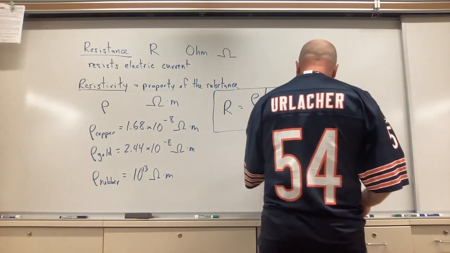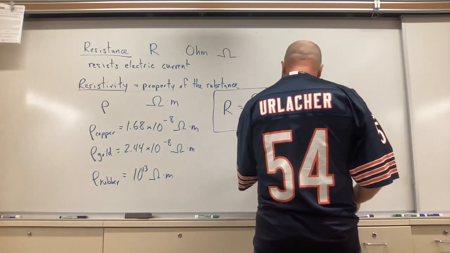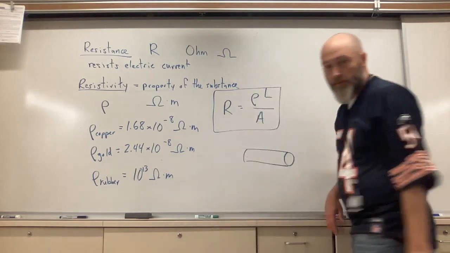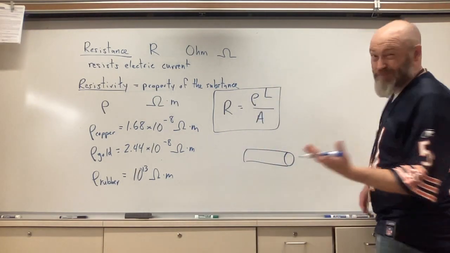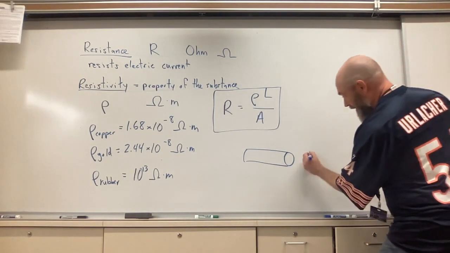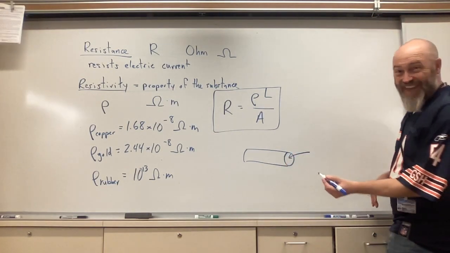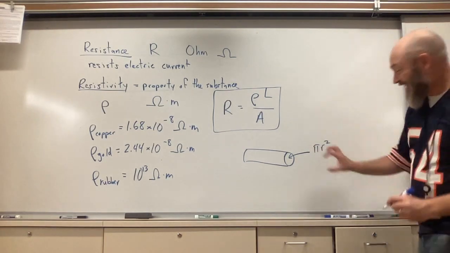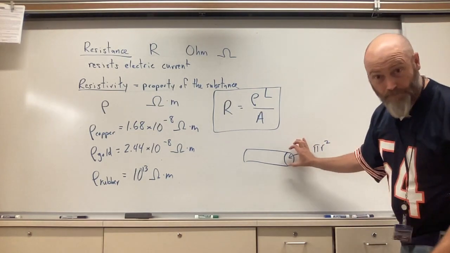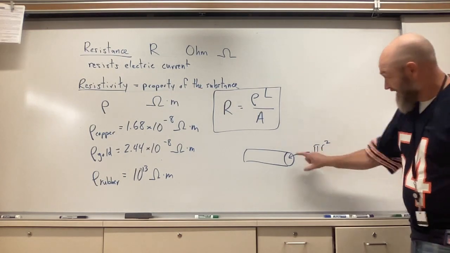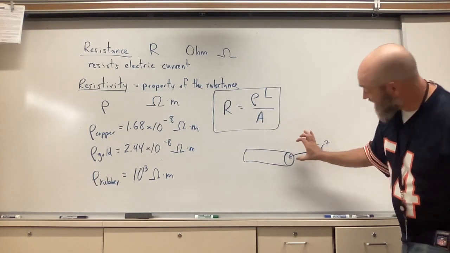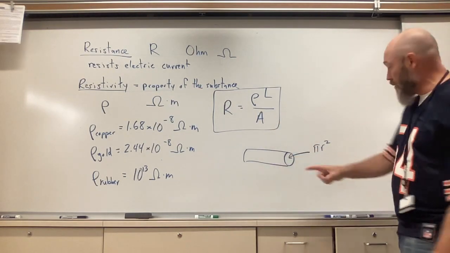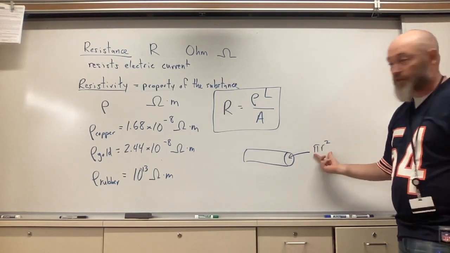If you have a normal wire, it is typically a tube, okay? Well, it's probably not a really big tube, but how do you find the cross-sectional area of that? Oh, well, that would be pi r squared. So if they tell you the thickness of the wire, that's not r. That's not A. You would have to take that thickness, divide by 2, that's r, and then do pi r squared.